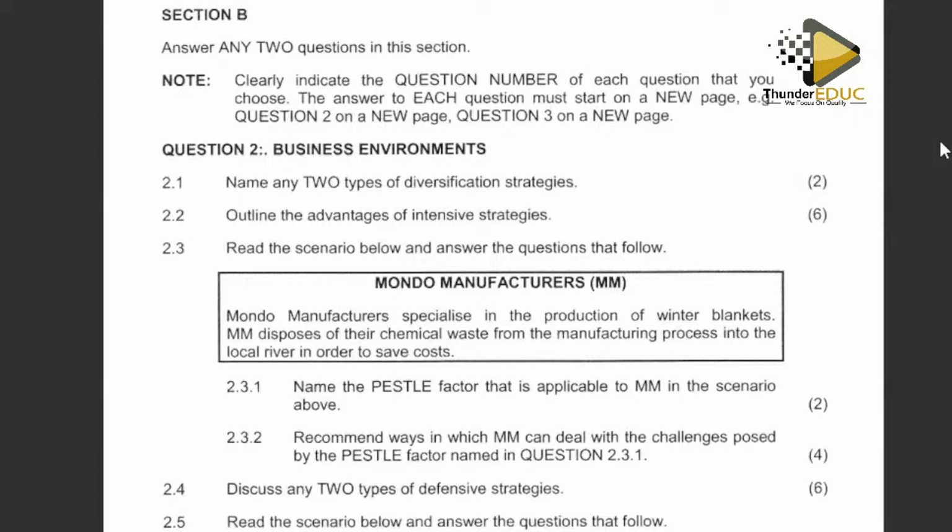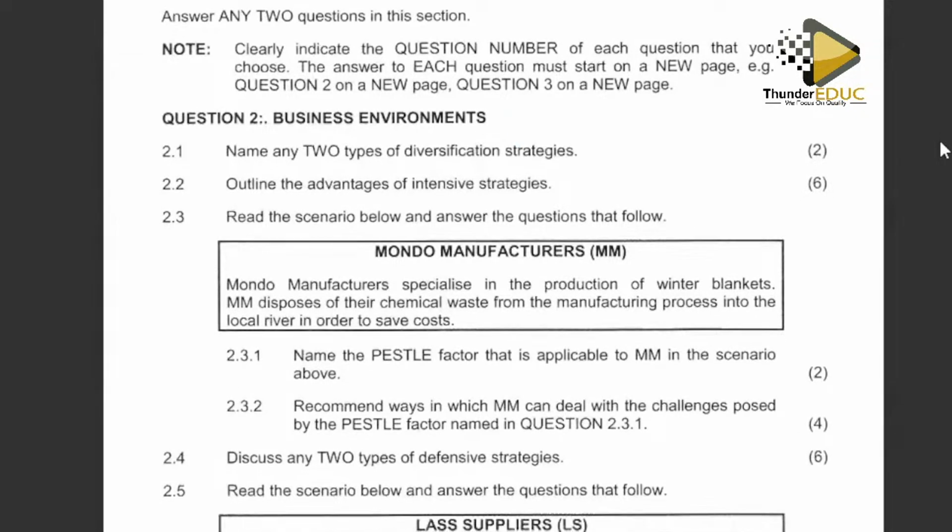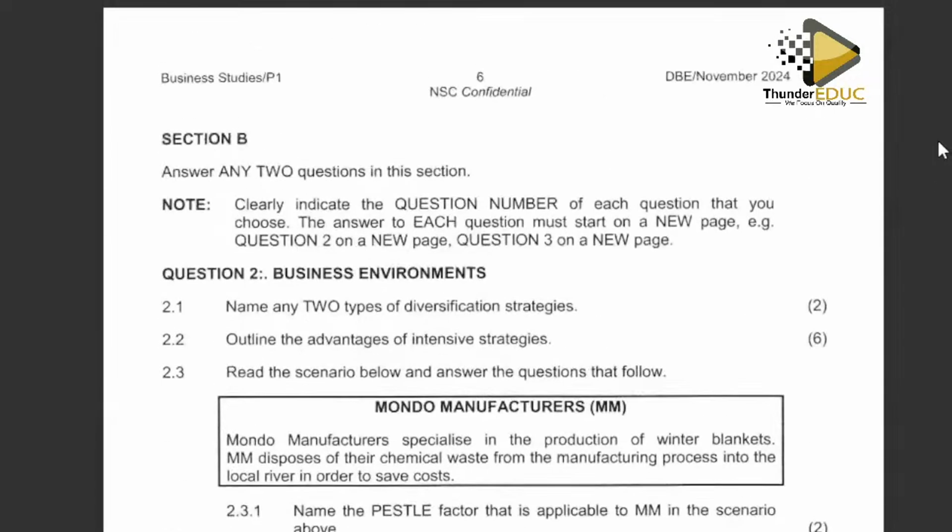Question 2 is based on business environments. Now 2.1 in particular says: name any 2 types of diversification strategy. The types of diversification strategy that we know in this regard are concentric, horizontal, and conglomerate.